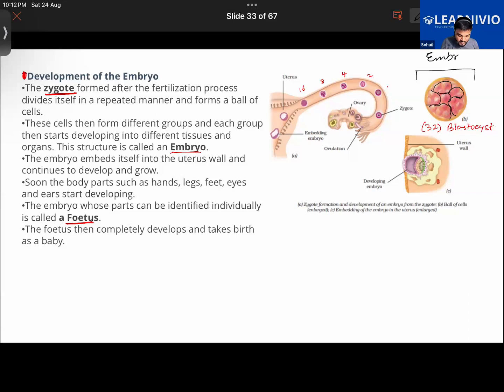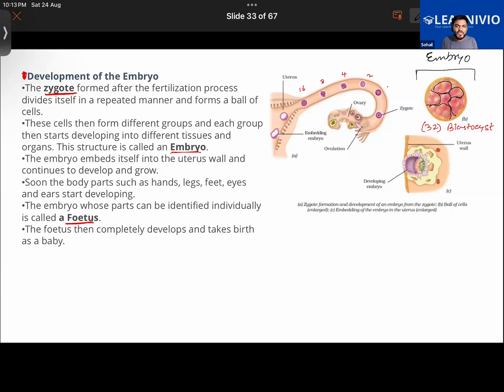So this structure we can call an embryo. This blastocyst is basically the embryo. In this structure, groups of cells will start to form into tissues so that they can carry out different functions.